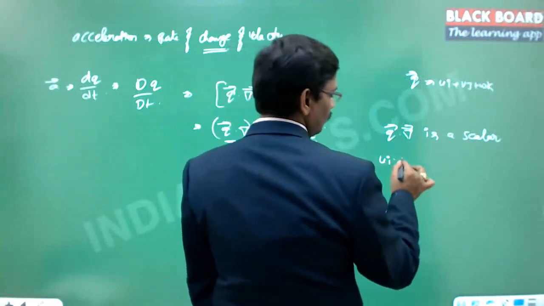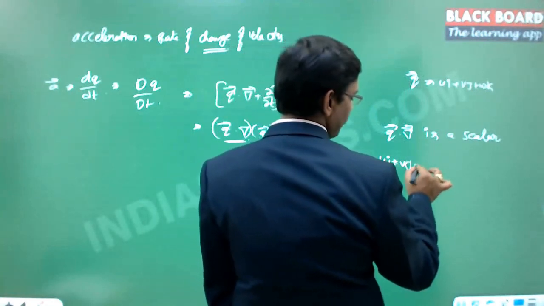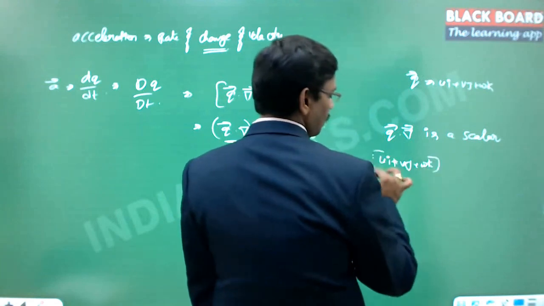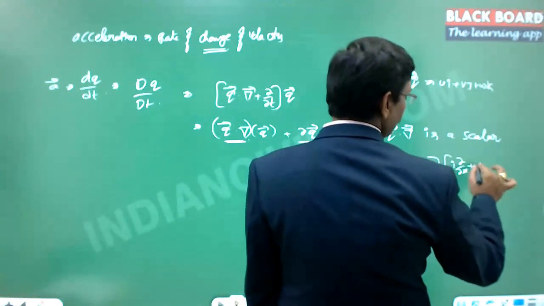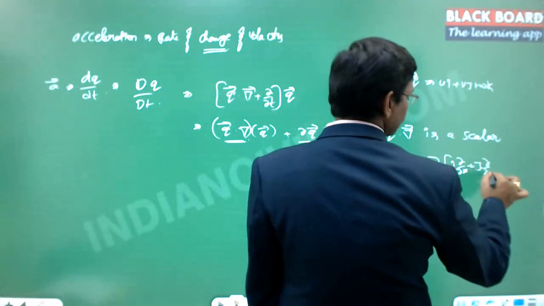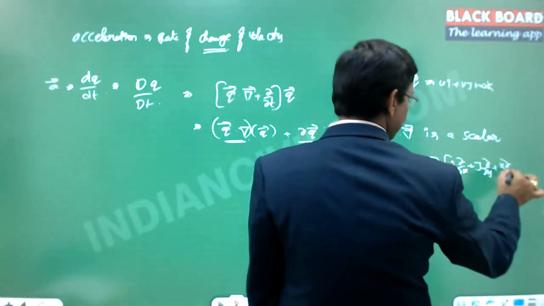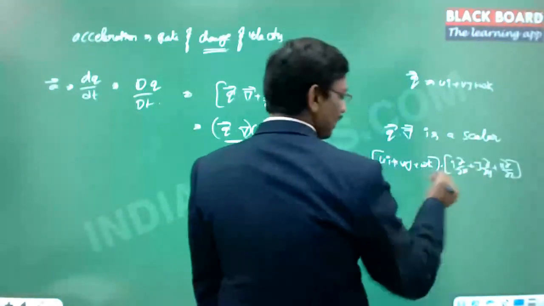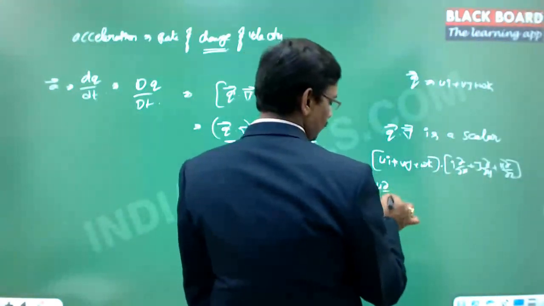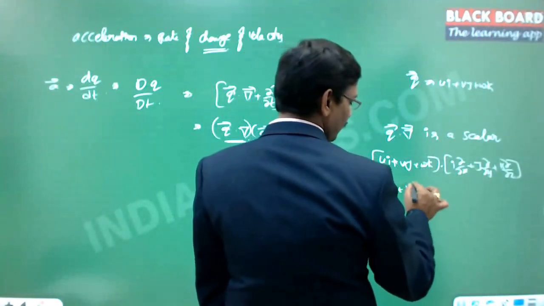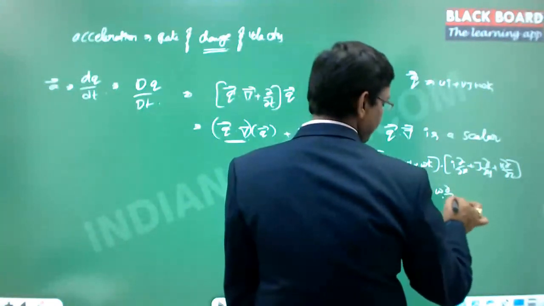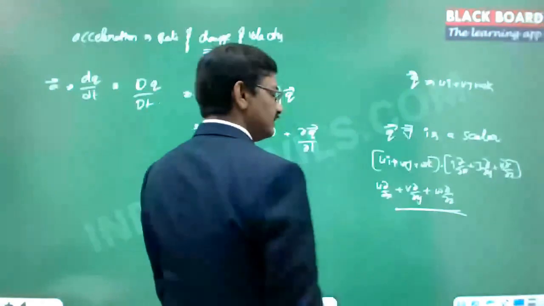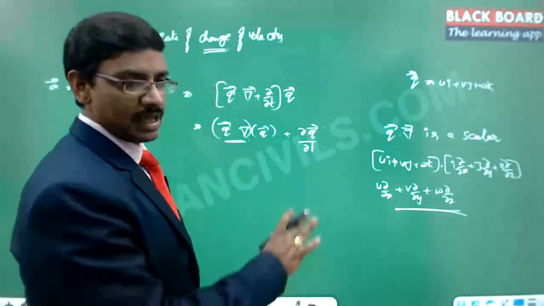This is ui plus vj plus wk dot product with i dou by dou x plus j dou by dou y plus k dou by dou z. If you take the dot product, this is u dou by dou x plus v dou by dou y plus w dou by dou z. There is nothing like ijk in this, so this is a scalar operator.